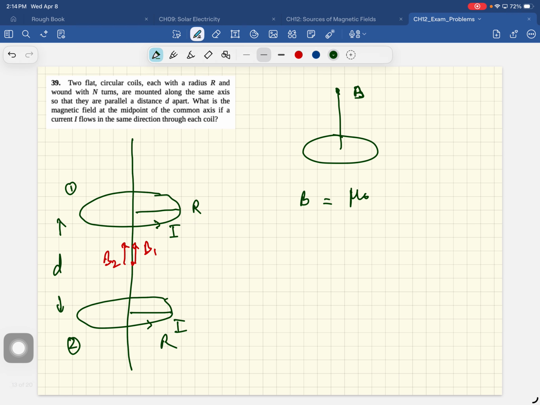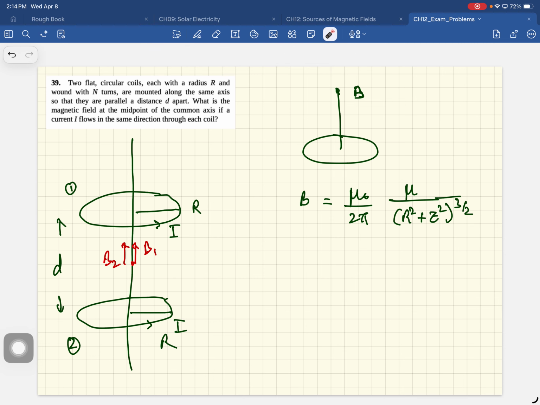So the current is 1,000 amps. 2 pi r is 0.25 centimeters, which is 3 millimeters.